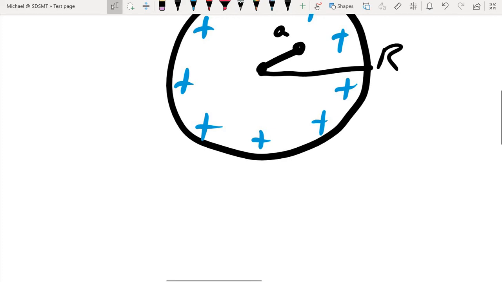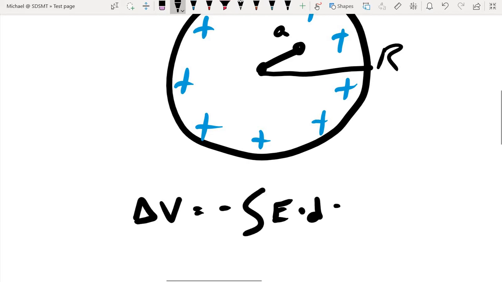Now, to do this, what we really need to do is go back to the expression that we had for defining the electric potential.